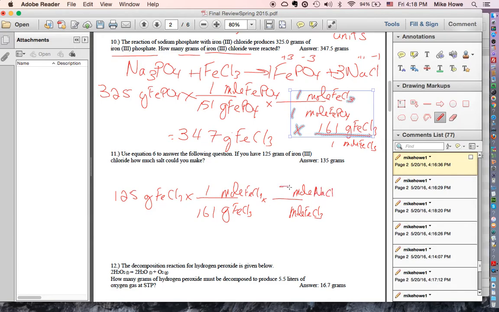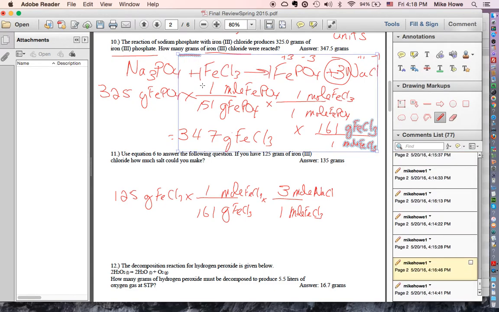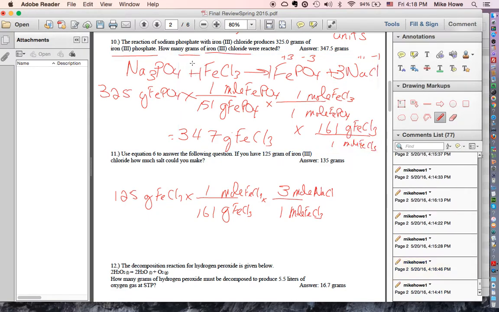Moles, what you're looking for, goes on the top, and that would be NaCl. So that's, in this case, 3 to 1. So you look up here, see that 3 NaCl for every 1 FeCl3. Okay, now we have moles of NaCl, but we need to know grams. So we're going to put moles of NaCl on the bottom.